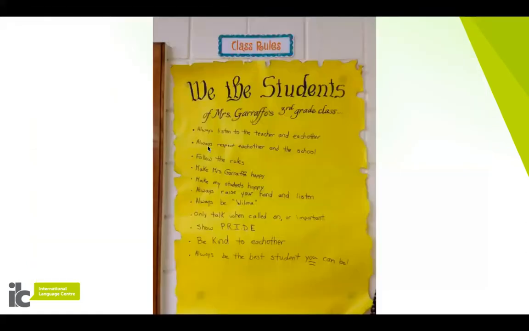So after you finish with the rules you agreed, you can ask your students to write them down, basically to make a class contract. You give them a piece of A3, different markers or pens, and they can write down the rules that you've agreed on.